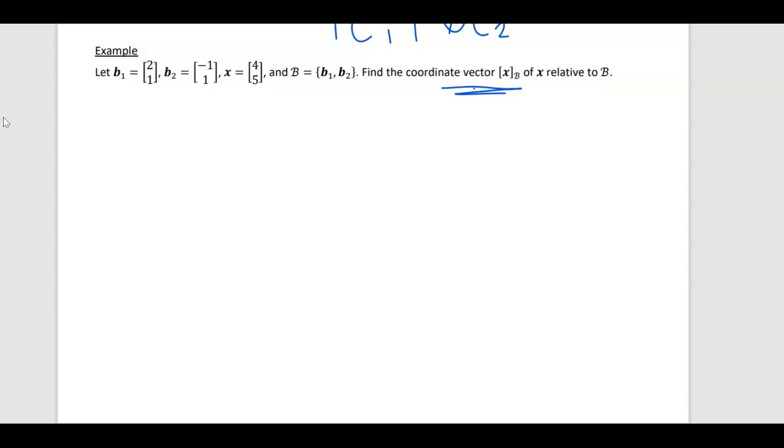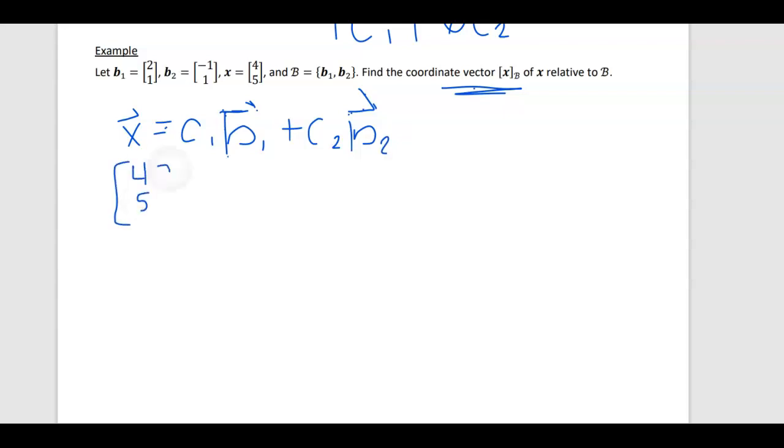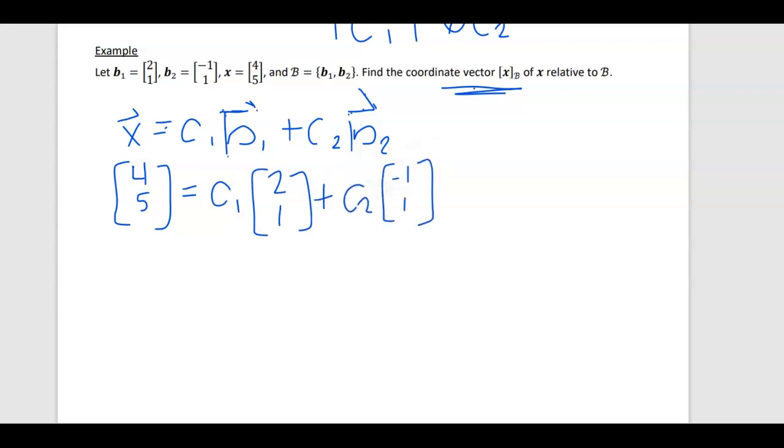So let's go again back to that definition. I know that x must be equal to a linear combination of my two basis vectors. So I know that 4, 5 must be equal to C1 times B1 plus C2 times B2.